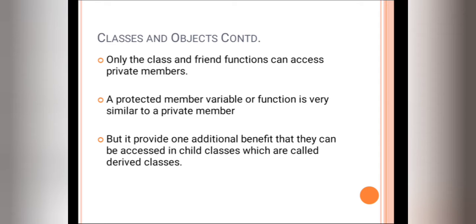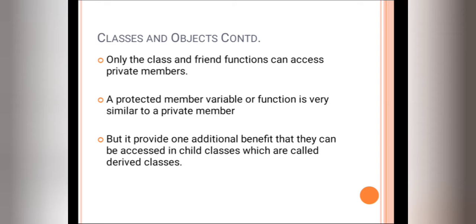Then what are protected members? A protected member variable or function is very similar to a private member, but it provides one additional benefit. Which is that benefit? They can be accessed in child classes, which are called derived classes. In a private member, we have not said that it can be accessed by derived classes.